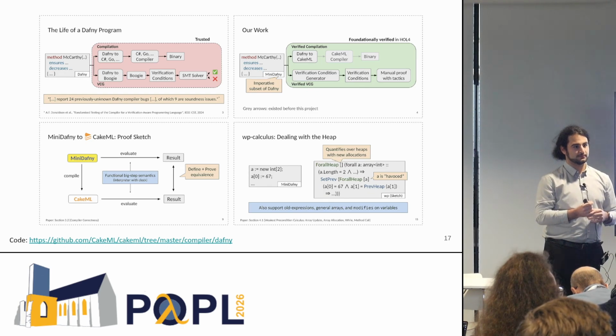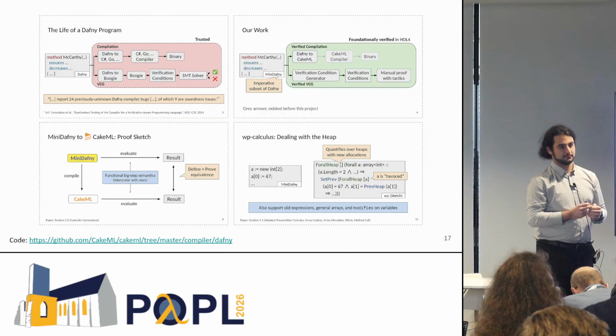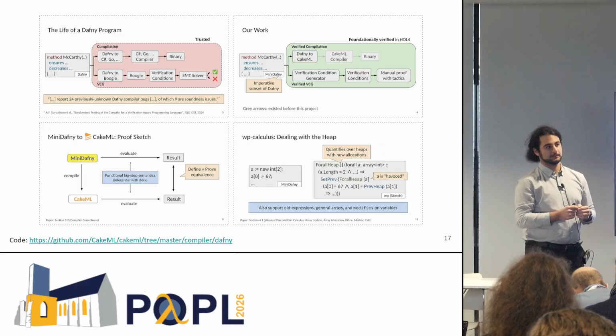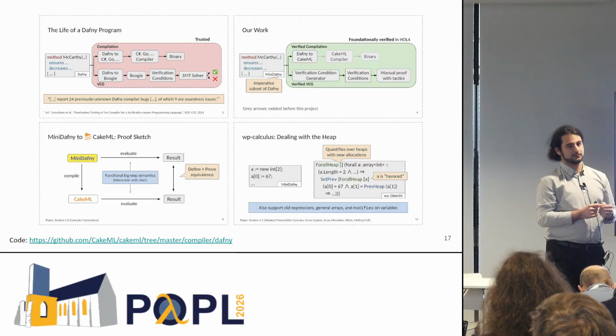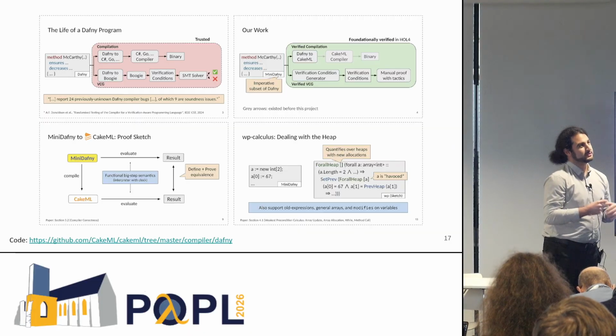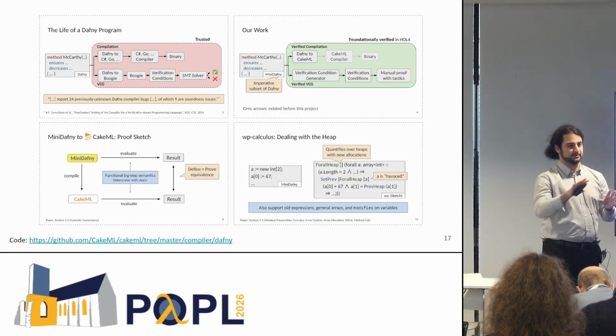I have a similar question to the first one about the verification conditions. How did you establish what verification condition Dafny actually generates? And I think it's even a moving target that changes over versions, doesn't it? So the verification conditions we generate are very much motivated by the soundness theorem.